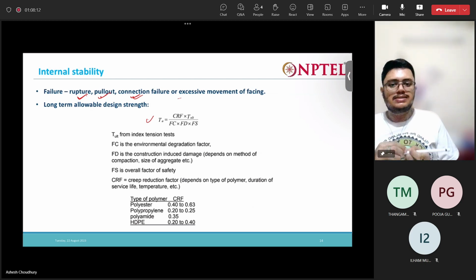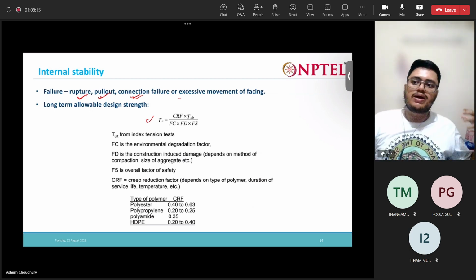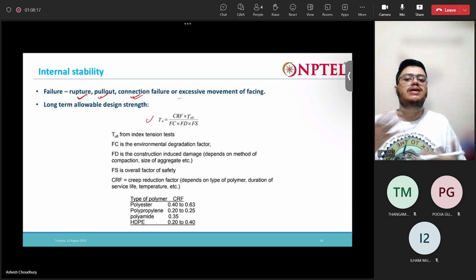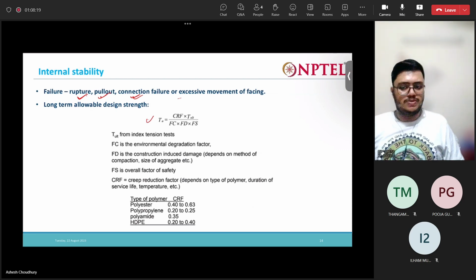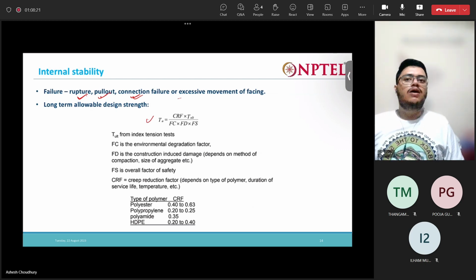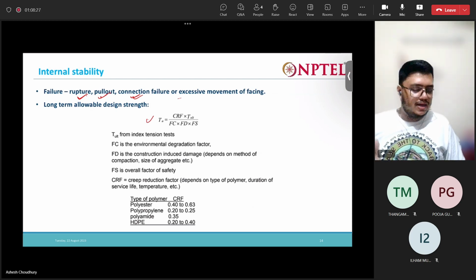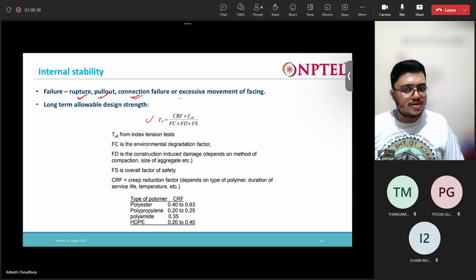But in practical cases, there are n number of factors that affect the strength of the reinforcement, right? That might be environmental factors, say the chemical effect of the soil. So chemicals might be present in the soil that might affect the polymer of the reinforcement, and that might affect the strength.